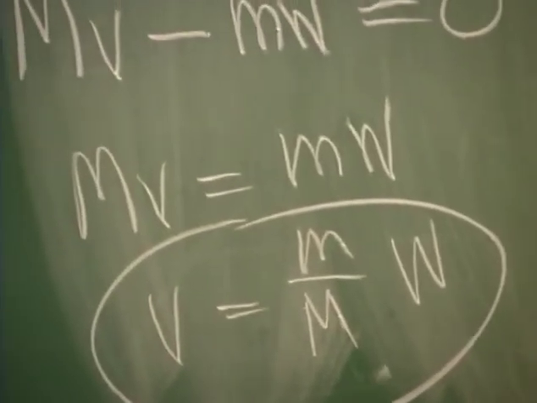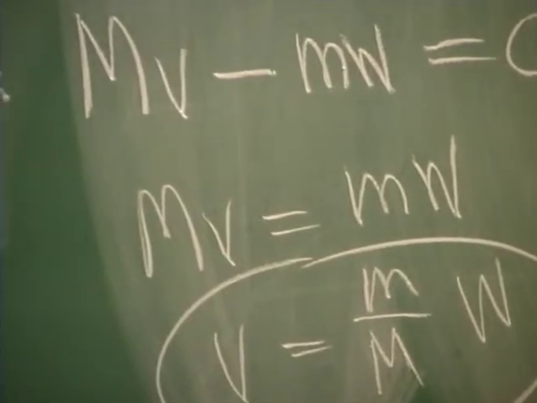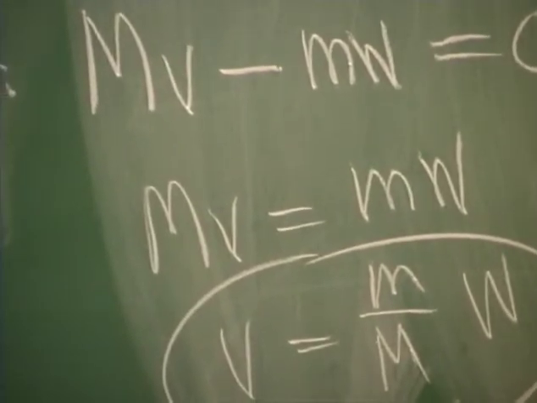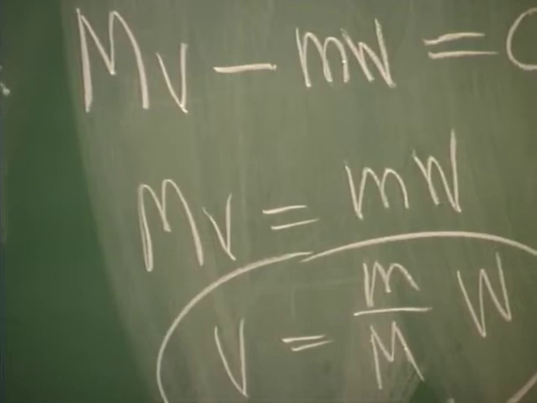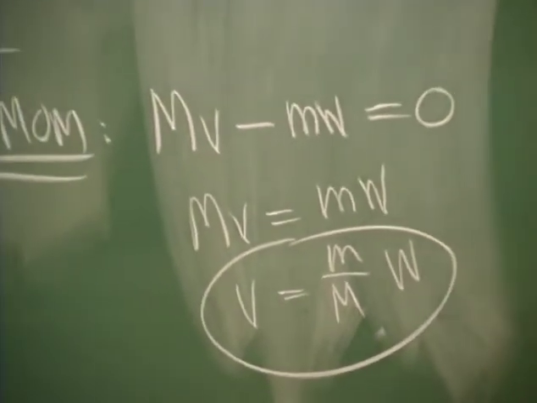This is the whole idea behind rocket motion. What a rocket does basically is throws a whole stream of snowballs out the back window and recoils in the forward direction. That's the idea of rocket motion.